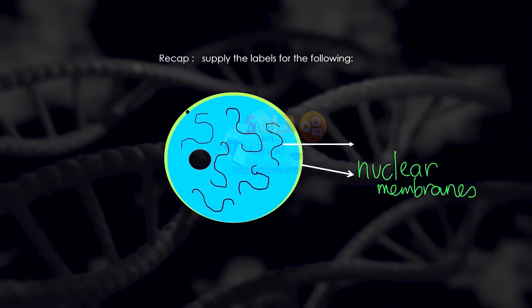Some books would refer to it as a nuclear envelope. We might find a number of strands, either collectively or singularly spread out in the nucleus, and this would then refer to your chromatin, or individually as chromosomes. This little dot indicates a hole in the membrane, so that will be your nuclear pore.